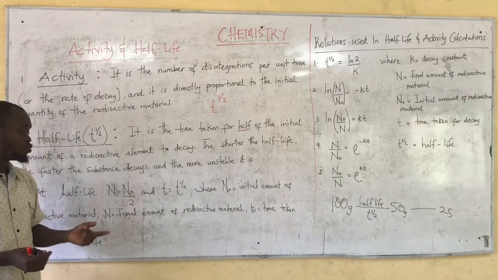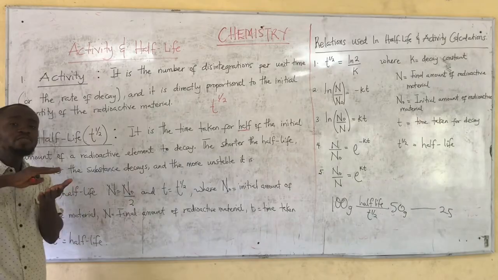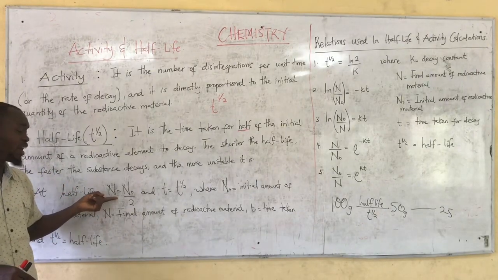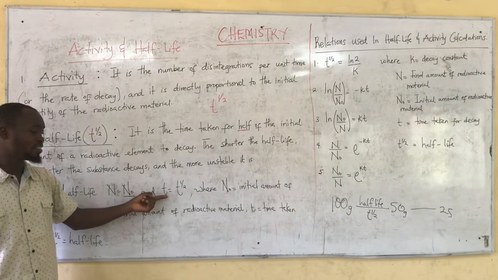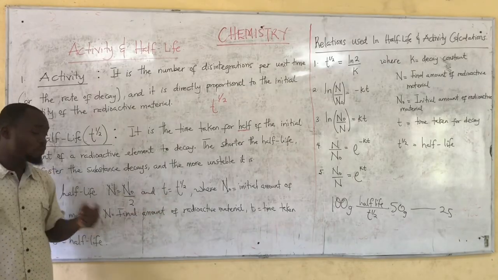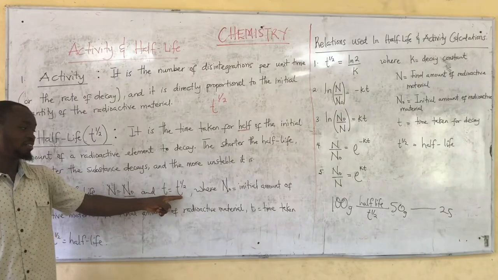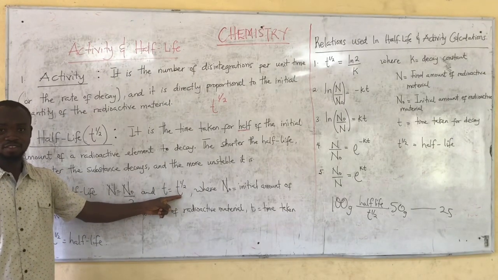At half-life, this initial amount will be divided by 2, and that is N, the final amount of the radioactive element. And the time, that is t, which it takes for N naught to divide into 2, is the T half, the half-life.